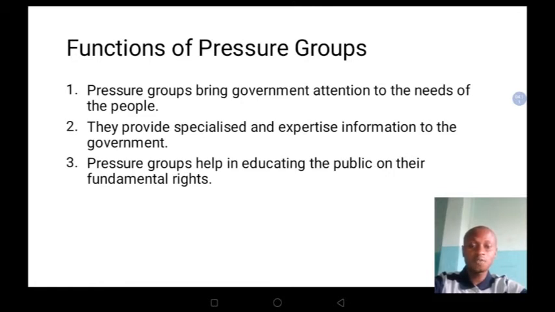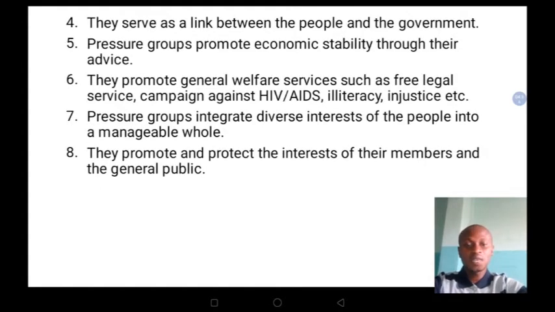They have right to participate in the political processes, that they have right to do this or to do that, freedom of movement, ownership of properties, and all these things. So with the help of pressure groups, they will learn all this, even that of the general public. They will also learn from pressure groups that these are their rights.